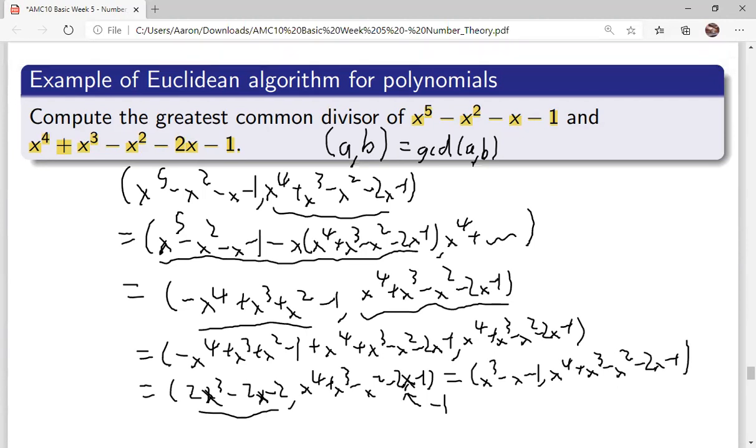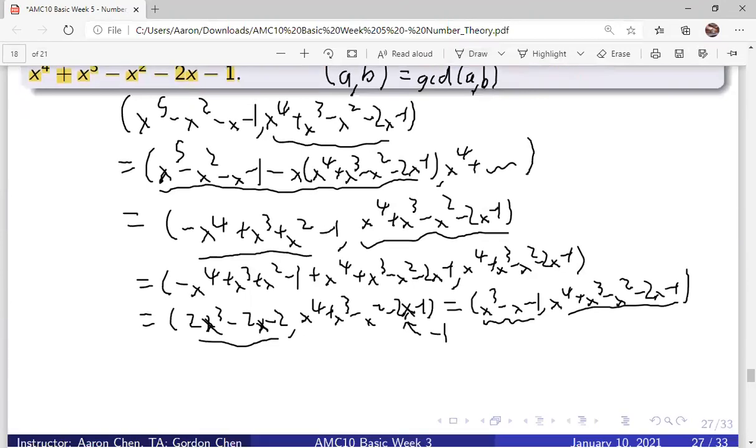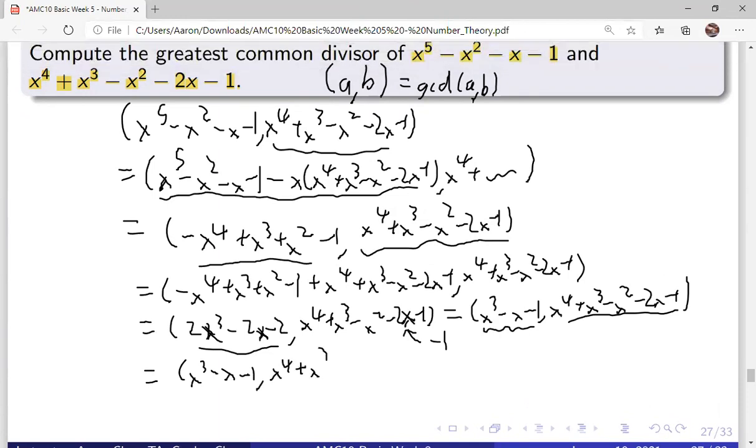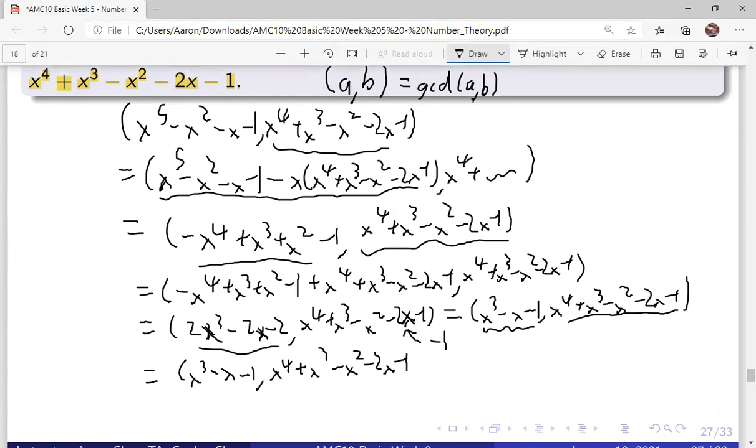And now you can subtract out x times this from the right side. So that equals x cubed minus x minus 1 and x to the fourth plus x cubed minus x squared minus 2x minus 1 minus x times x cubed minus x minus 1.